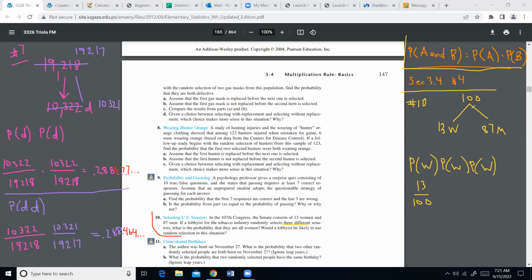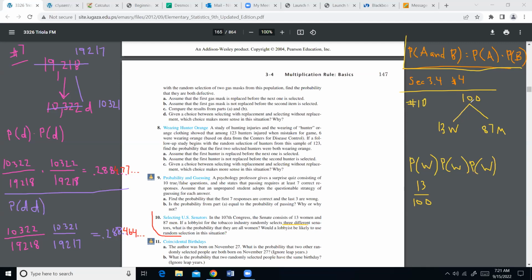Well, I need to select 3 different women. I don't want to bring just one woman, and they'll say, so where are the others? We need 3. We'll say, no, I selected the same senator 3 times. So that's the one that I selected. They'll say, no, we need to have 2 more. We need different people.